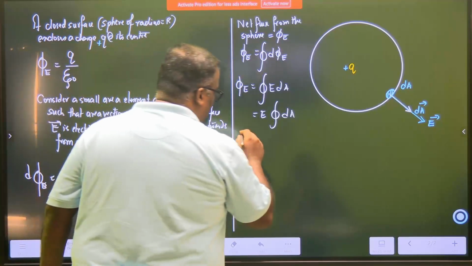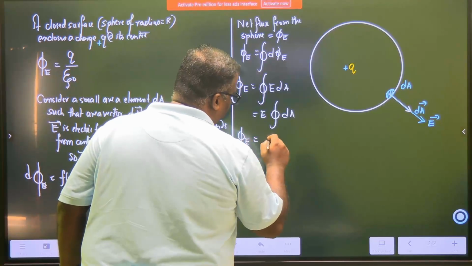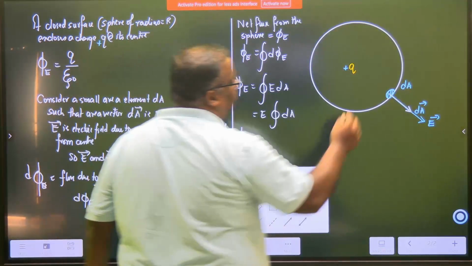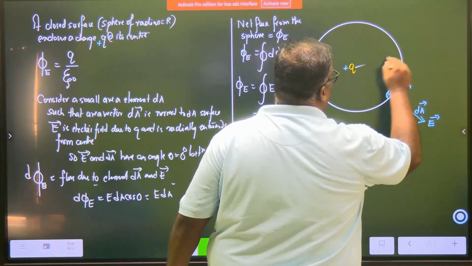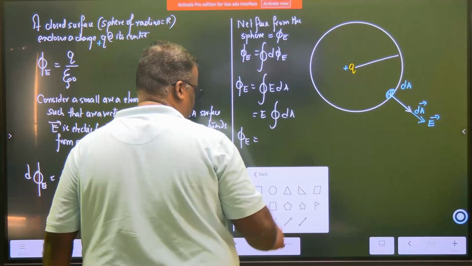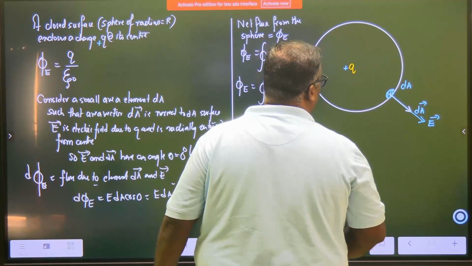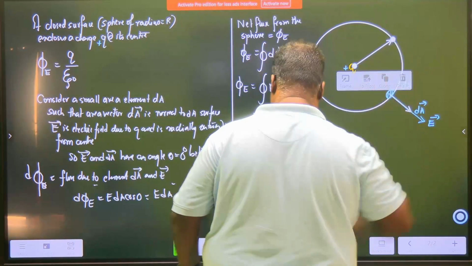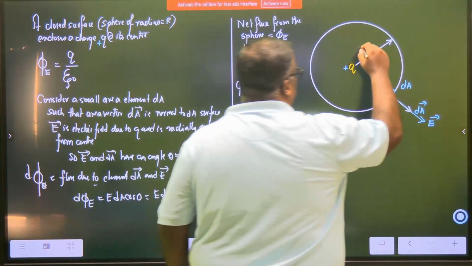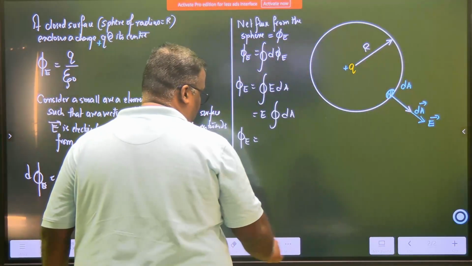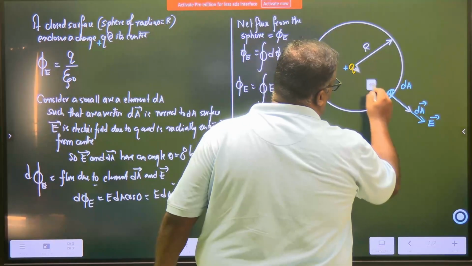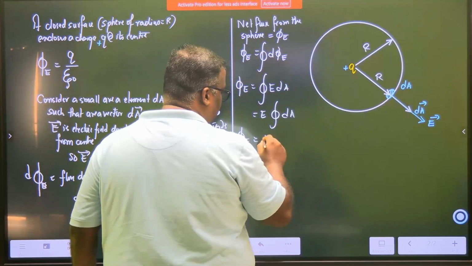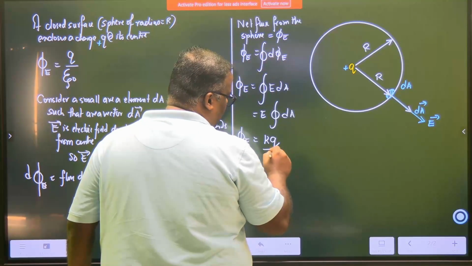The value of E, how much is it? What is E? You're measuring E at a point where? At a point on the surface. So at a point here, this distance is R. So if you want to measure the electric field at this point, the distance would still be R. So electric field is given by KQ by R square.